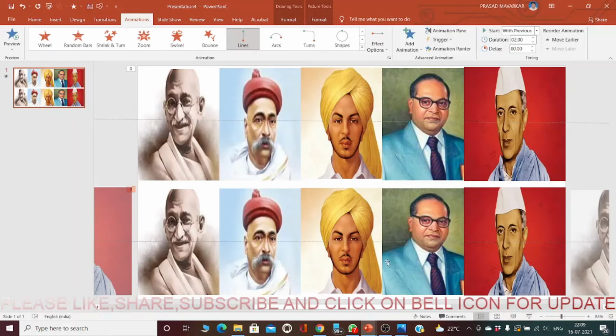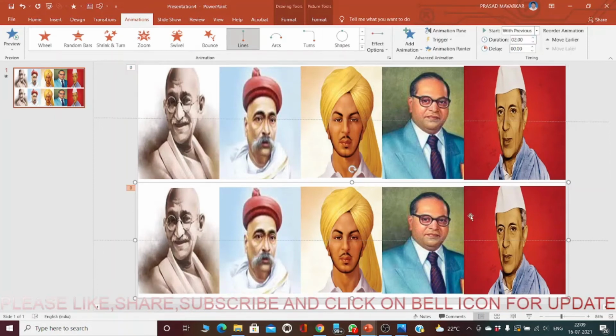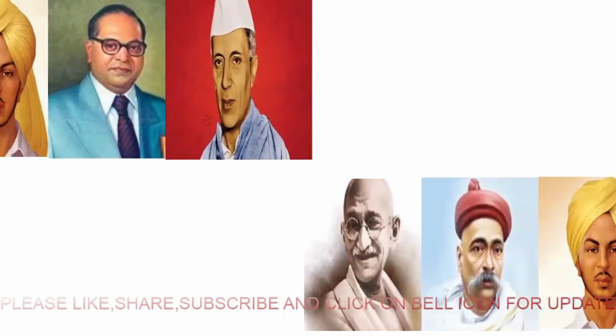But both images are moving very fast, so we can increase the duration. I'll make it 8 seconds, and this also I'll make 8 seconds. Now the images start moving slowly.